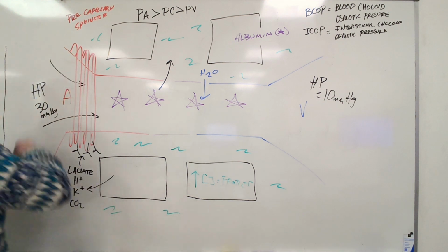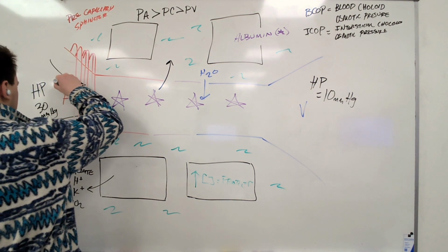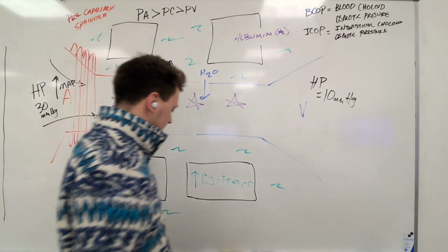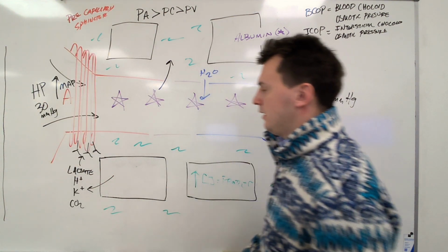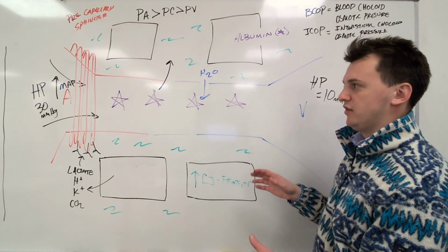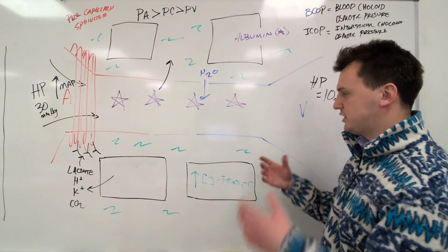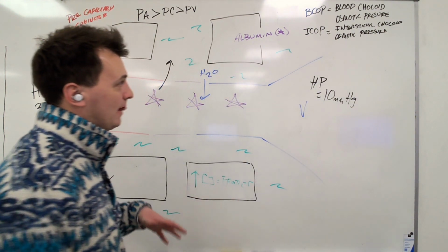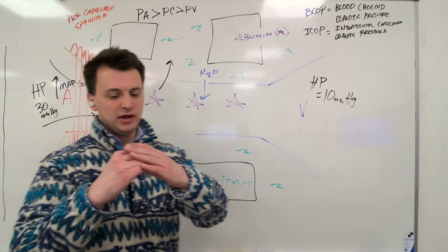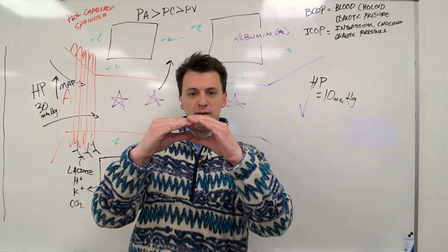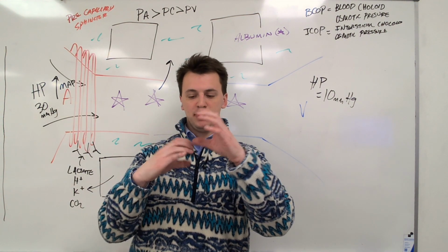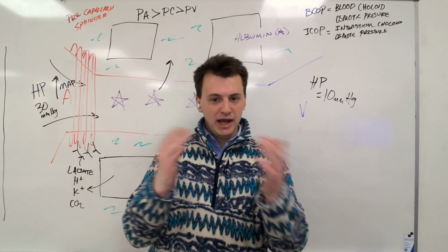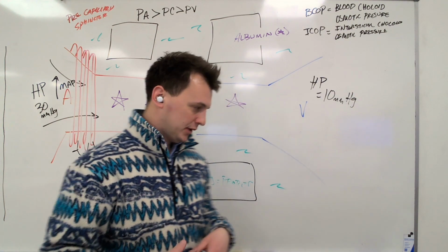As mean arterial pressure increases, which I'll put right here because this is the arterial side, it can change a lot of these things. It could change hydrostatic pressure, it could change BCOP, it could change ICOP. If we have a greater pressure in the capillaries, more stuff's going to want to come out. If we have a greater pressure in the interstitial space, more stuff's going to want to go in. So it depends on BCOP or ICOP.